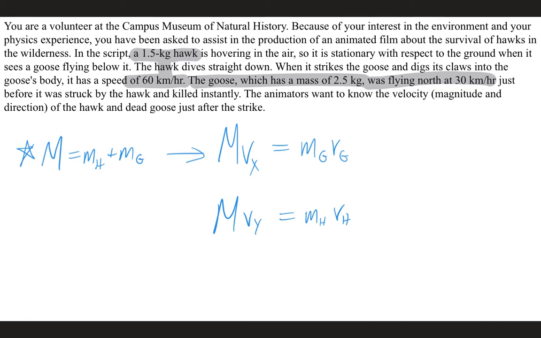Now the hawk is driving straight down. That's why it's a y. Okay. And the goose was just flying north.